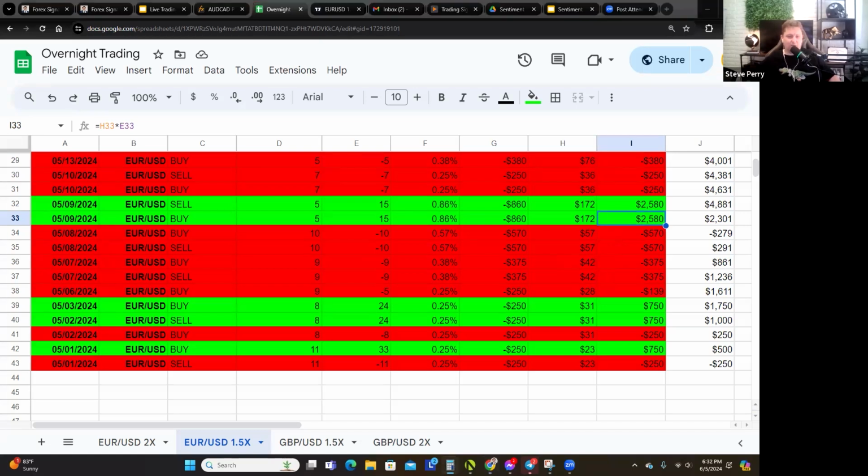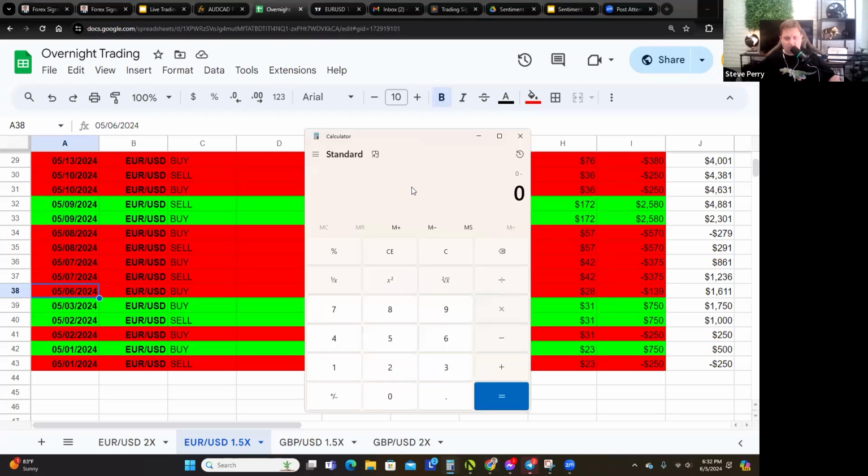So let's do the math here, guys. When you started this sequence on May 6th over here, you lost $139. Let's add this up. So we got minus $139. The next day, you lose two trades at minus 375 each. The next day, we lost another 570 each.